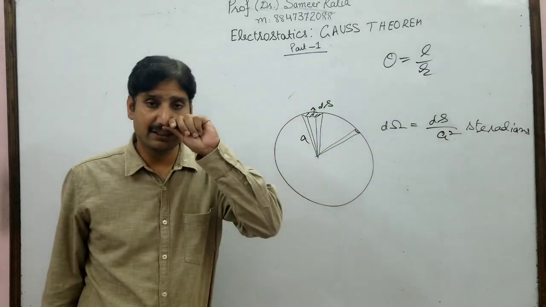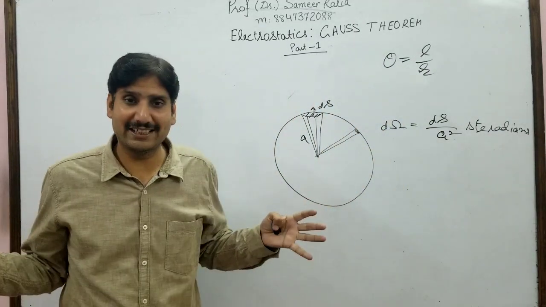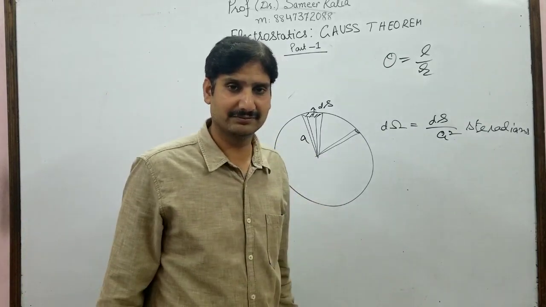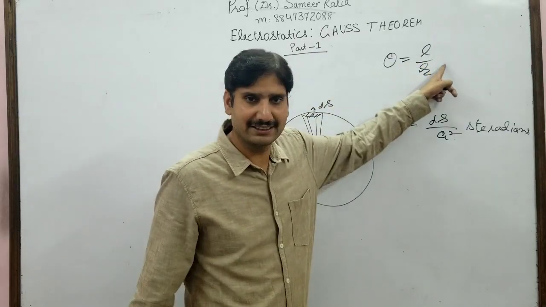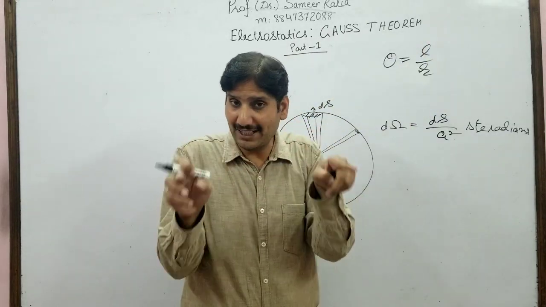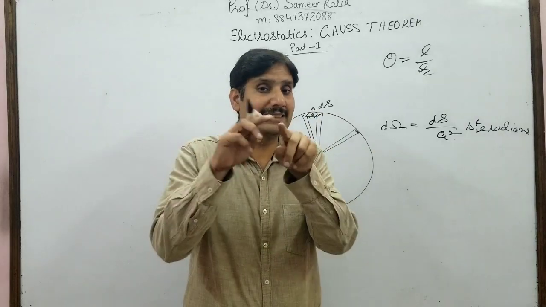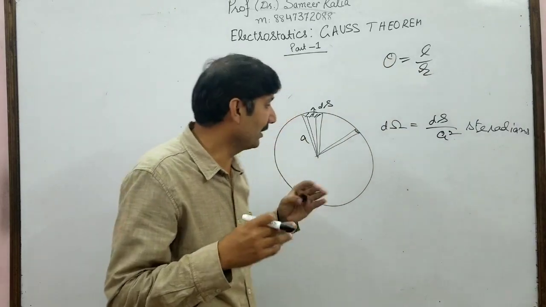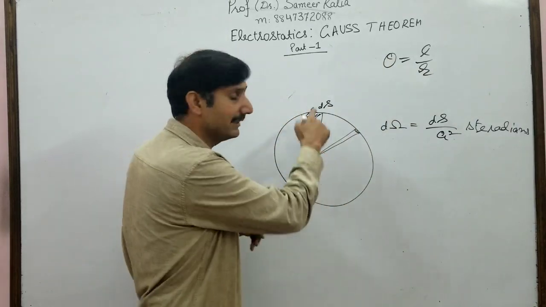So, what is the total solid angle subtended by a complete sphere at the center? Just imagine how we did that. We tried to find out the total length of that arc, which comprises the complete circle. That was 2 pi r divided by radius. Now what about the sphere?